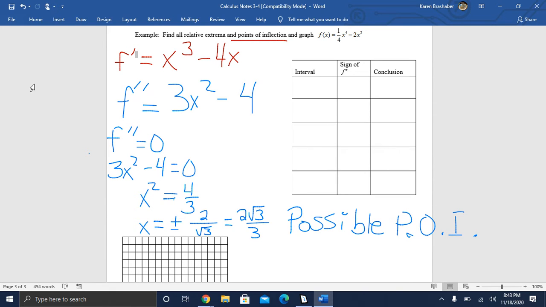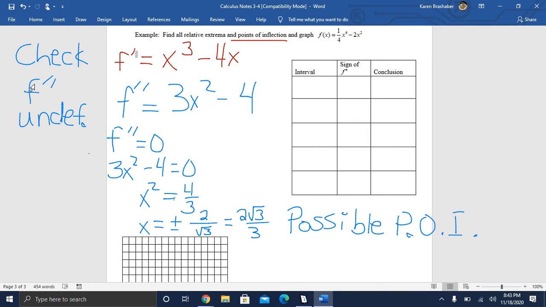And I do want to say, even though this is clearly not going to have anywhere where f double prime is undefined, you should always check for f double prime being undefined if you have that as a possibility.